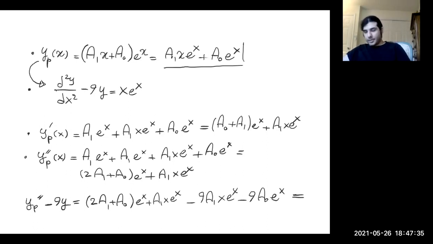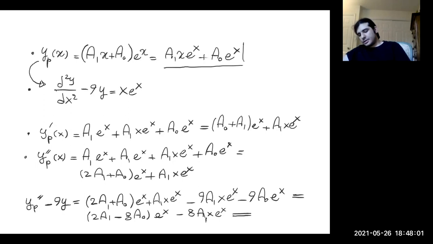Now let's simplify it a little. So here we have (2a1 - 8a0) e^x minus 8a1x e^x.